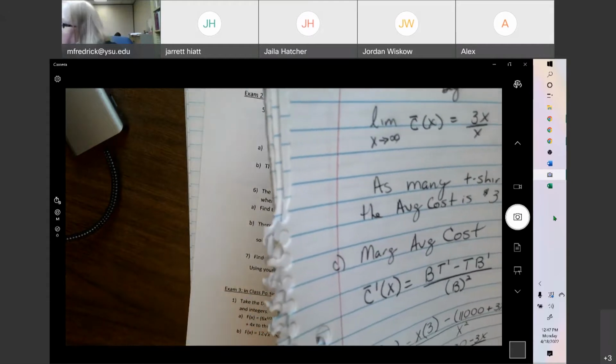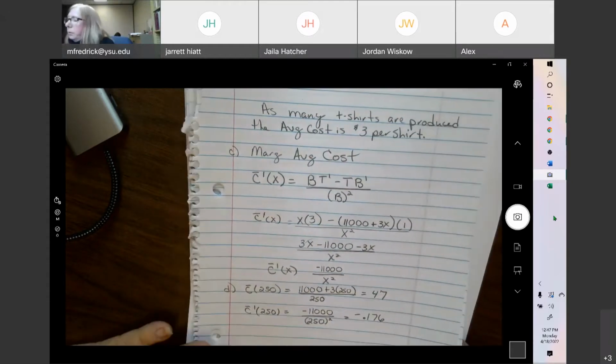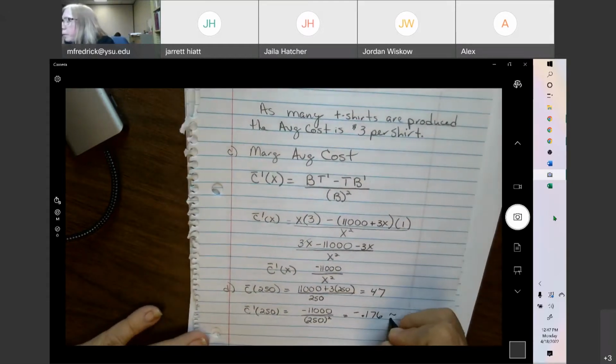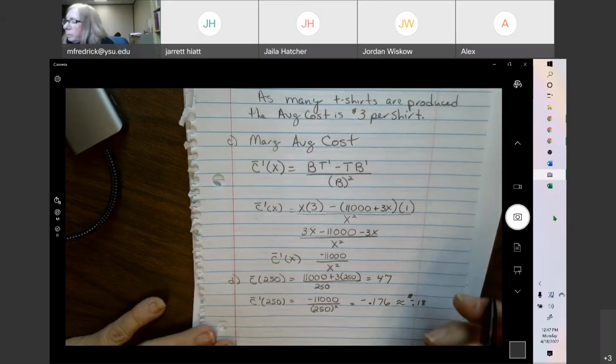I want to make sure I didn't write it down. Cost was in dollars. So I'm going to round this because it's in dollars.